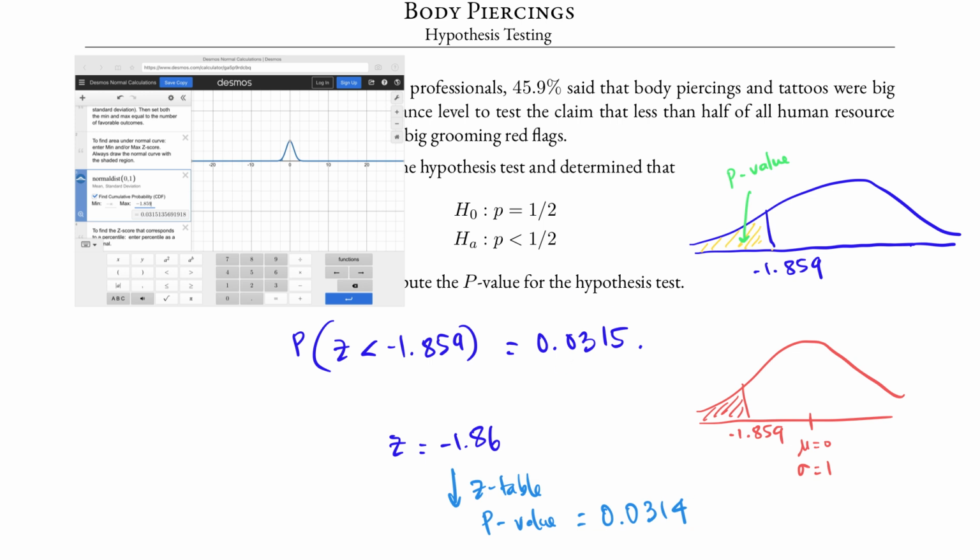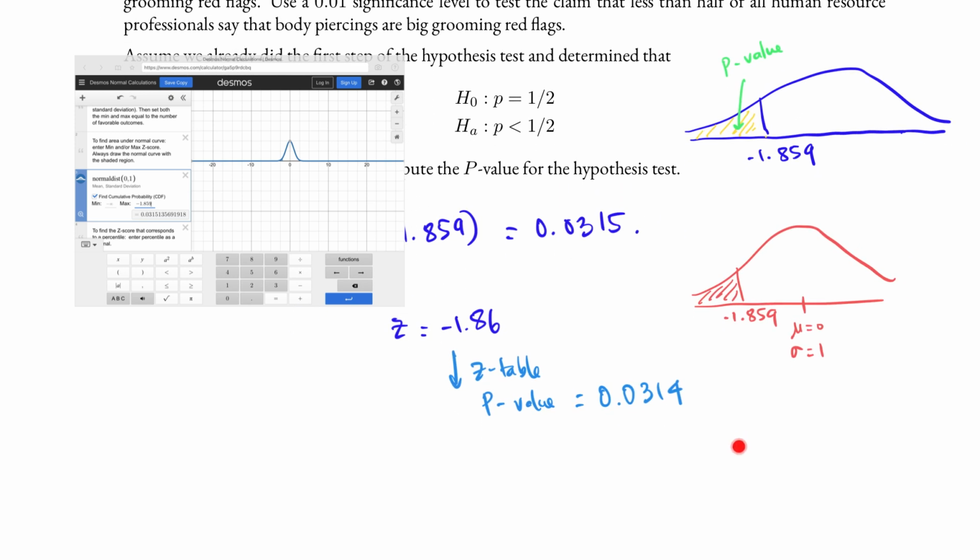But what is this p-value? The p-value is the probability that we obtain data as extreme as the one we observed, assuming that the null hypothesis is true. Recall that when we computed the test statistic z, we had to use the assumed null value 1/2.